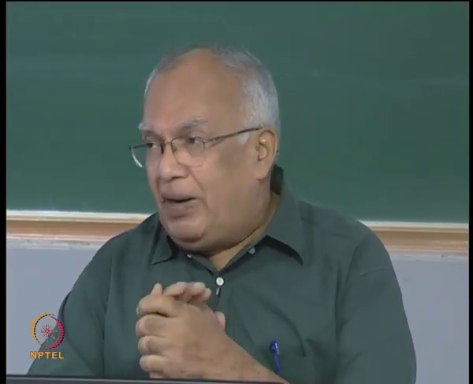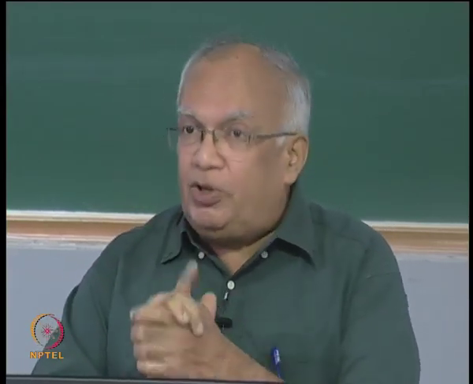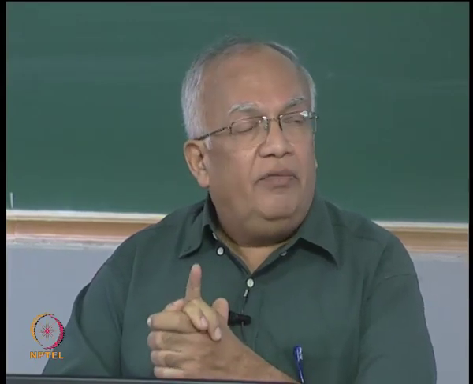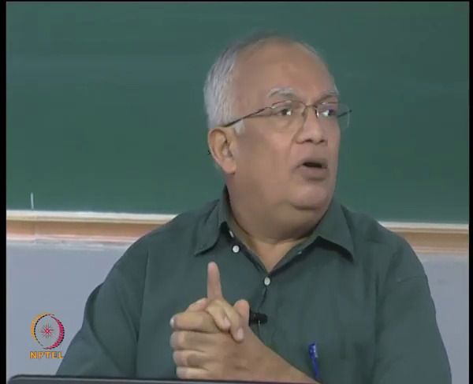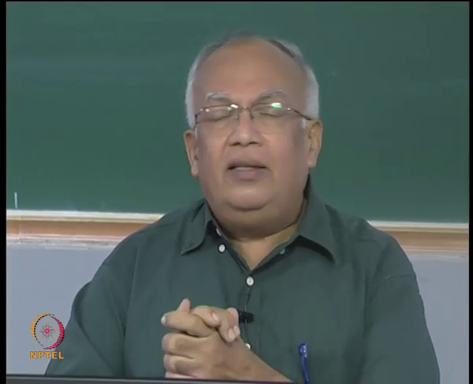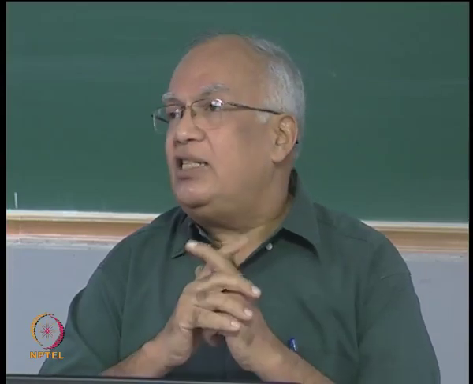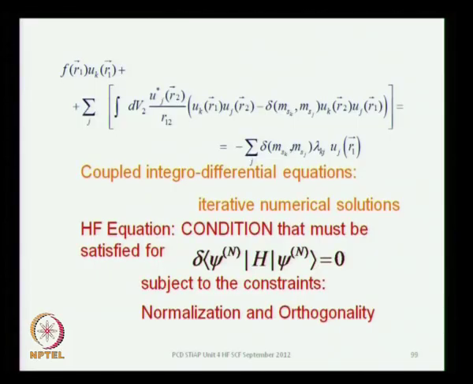That the expectation value of the Hamiltonian must be an extremum, and that the variations must preserve the normalization and the orthogonality of the single particle orbitals. So, subject to those constraints, that the average value of the Hamiltonian must be an extremum was our goal, and this goal would be achieved if this condition is satisfied, which is what we call the Hartree-Fock equation.